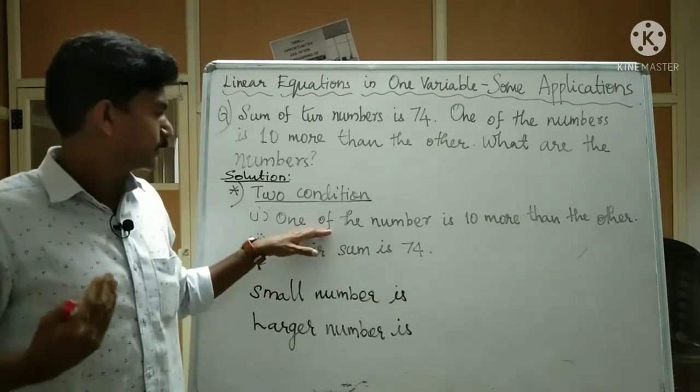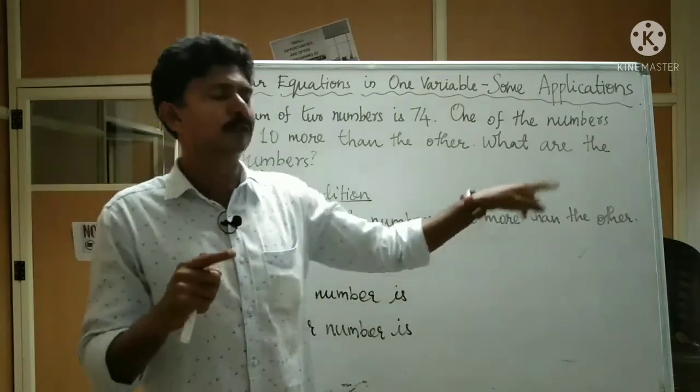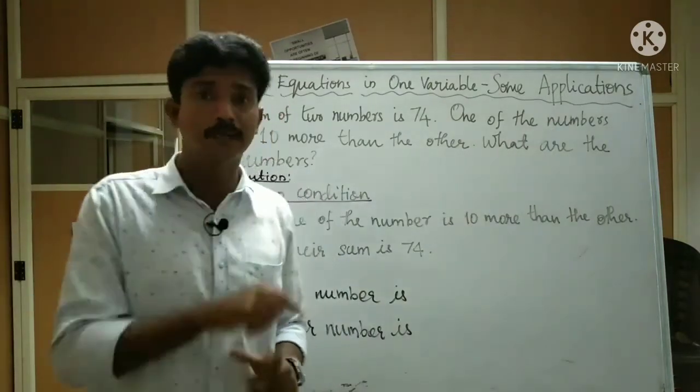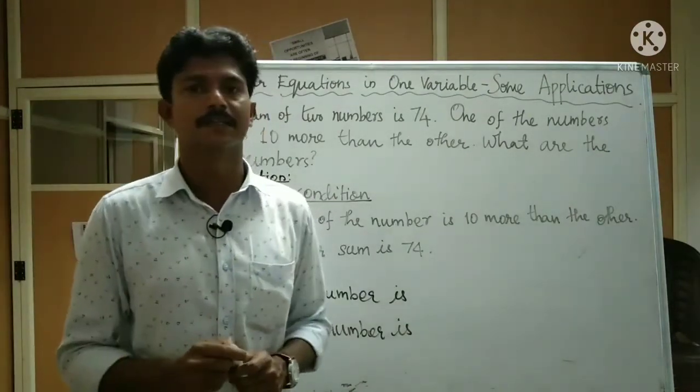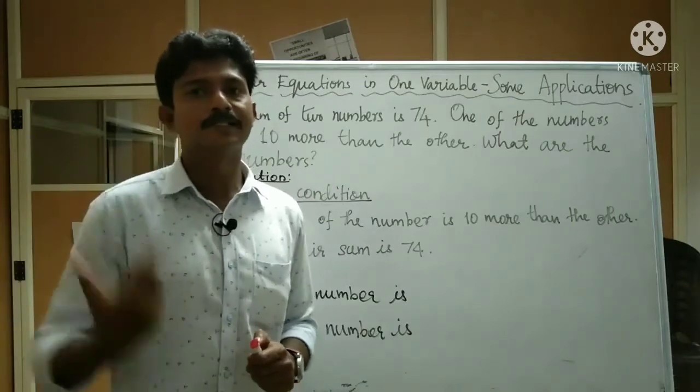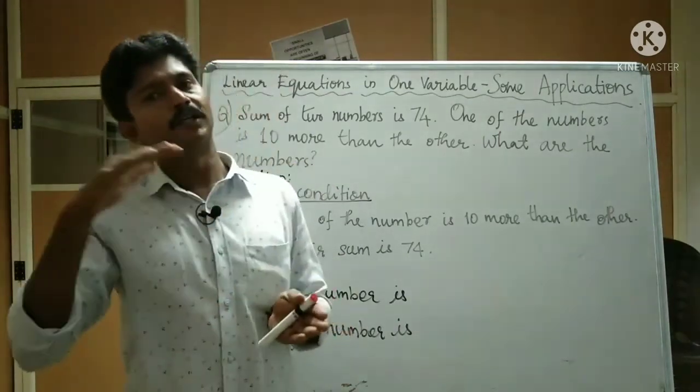First condition is, one of the numbers is 10 more than the other. We have to understand that here one number is smaller and another one is larger.